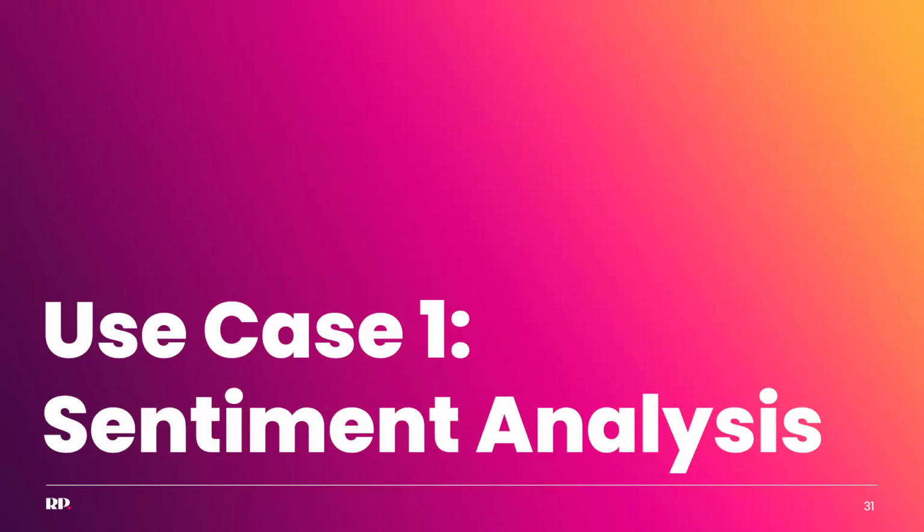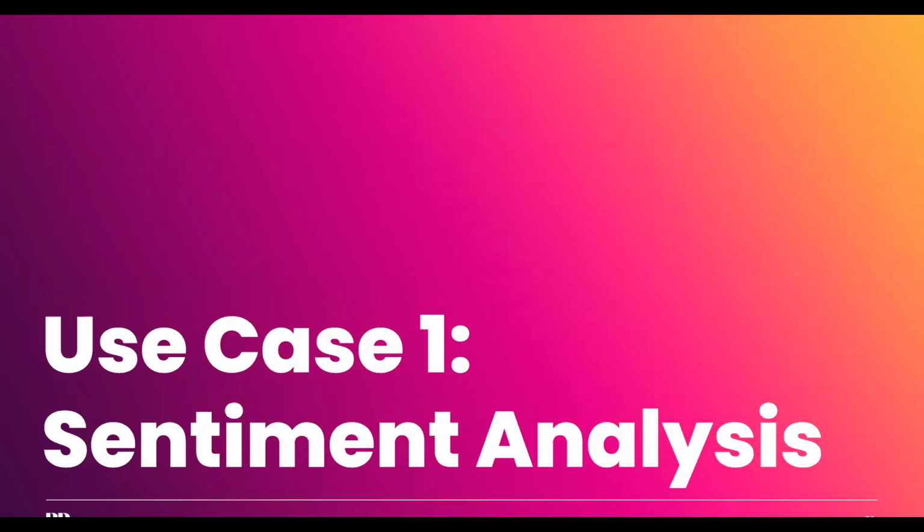So now that we've level set on the AI fundamentals and how to integrate AI with Marketo, the first use case is the sentiment analysis one, or you can call it content analysis. What this solves is it helps you create a better content strategy for your communications.